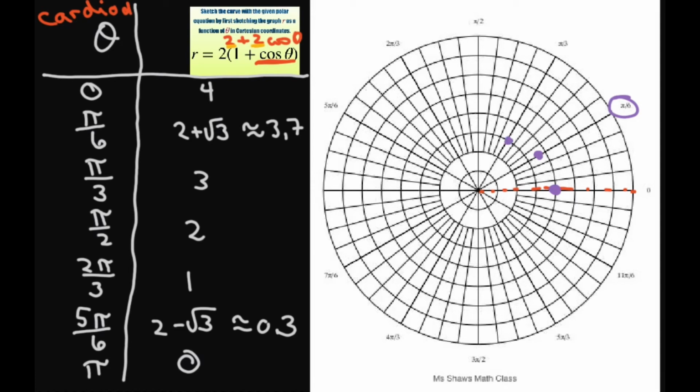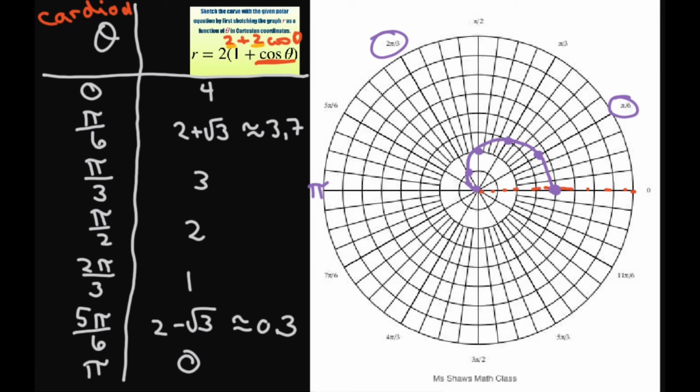At pi divided by 2, we're at 2. At 2 pi divided by 3, we're at 1. At 5 pi divided by 6, we're really close to 0. And at pi, we're at 0.